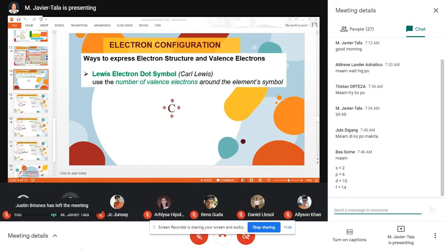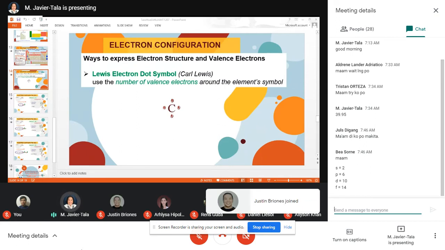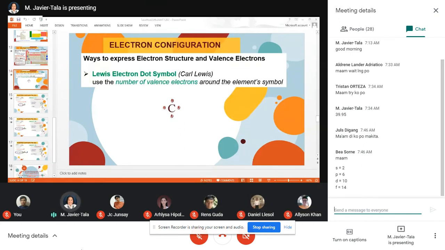According to Carl Lewis, acids are electron pair acceptors while bases are electron pair donors. So it has a different approach compared with Svante Arrhenius, who differentiated acids as proton donors and bases as proton acceptors.